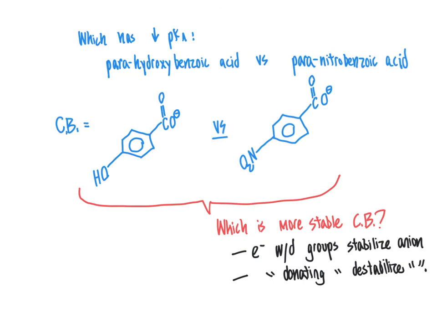Now, back in chapter 17, we looked at a variety of different so-called directing groups as ortho-para-directors or meta-directors in electrophilic aromatic substitution reactions, and those trends were based on whether overall particular substituents on aromatic rings were electron donating or electron withdrawing, where our electron withdrawing groups acted as meta-directors, our electron donating groups acted as ortho-para-directors.